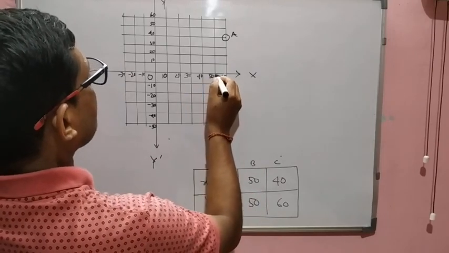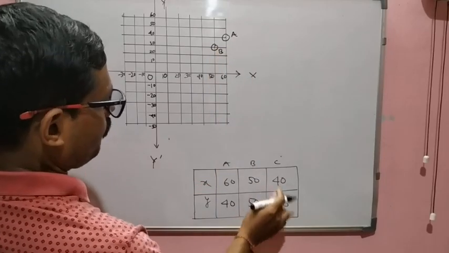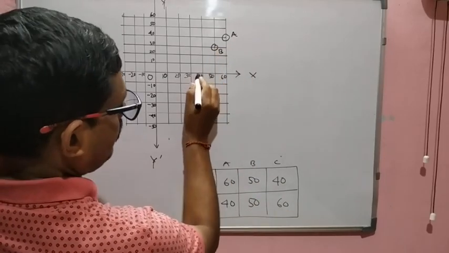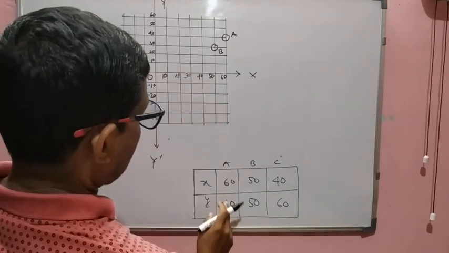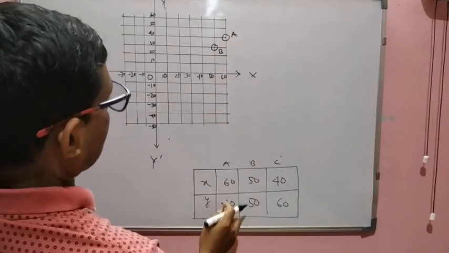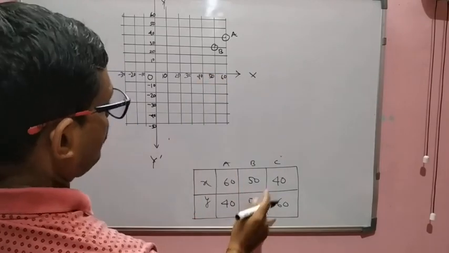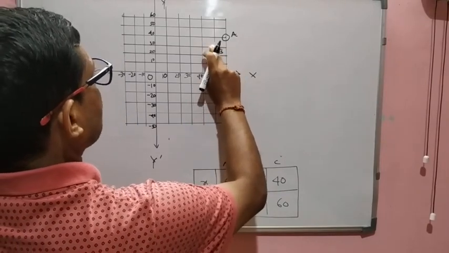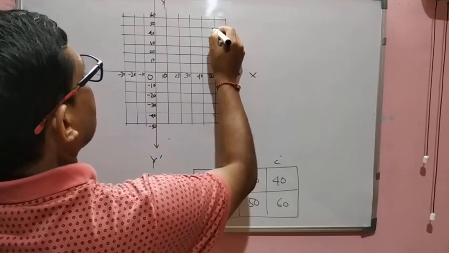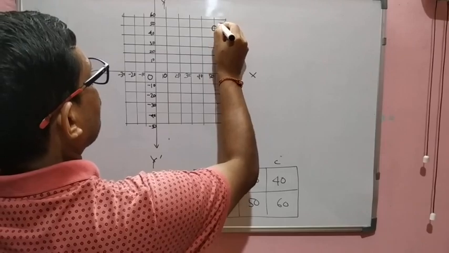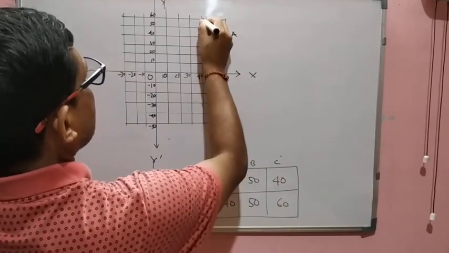Sorry, 50, 50 will be here. This will be the B point. Then 40, 60, this will be the point C.